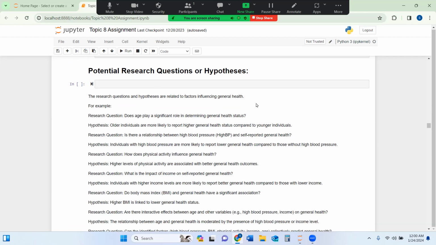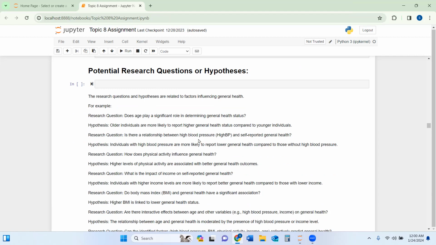Now, some potential research questions are, does age play a significant role in determining general health issues? And the hypothesis is older individuals are more likely to report higher general health status compared to younger individuals.